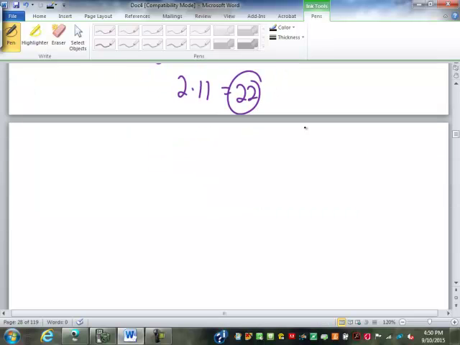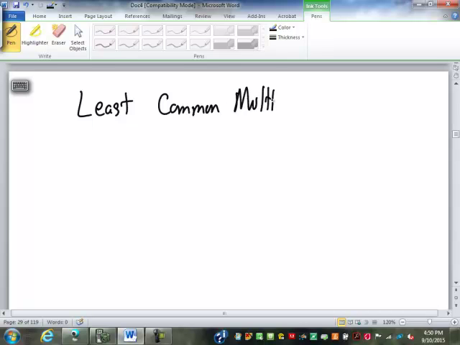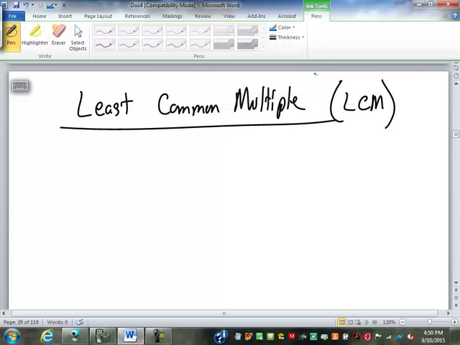Don't worry about it. The other process is something called a least common multiple, from here on out to be known as the LCM. The least common multiple. A multiple is a number that number divides into.